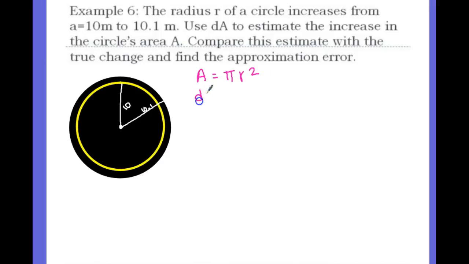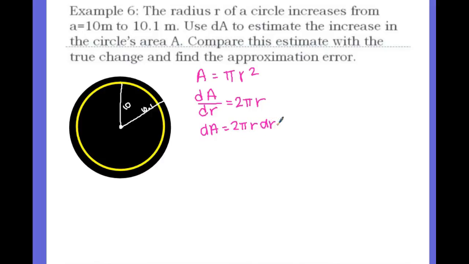So we're going to talk about dA, dr, because we're not talking about time. I don't have a rate. I have a change in a radius only. So it'd be 2 pi r, because it'd be dr, which would be 1.